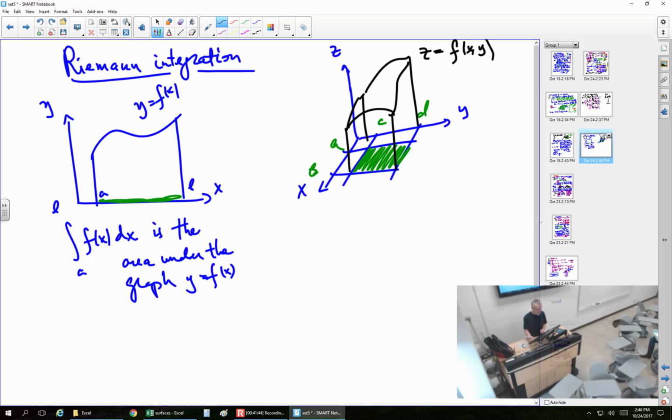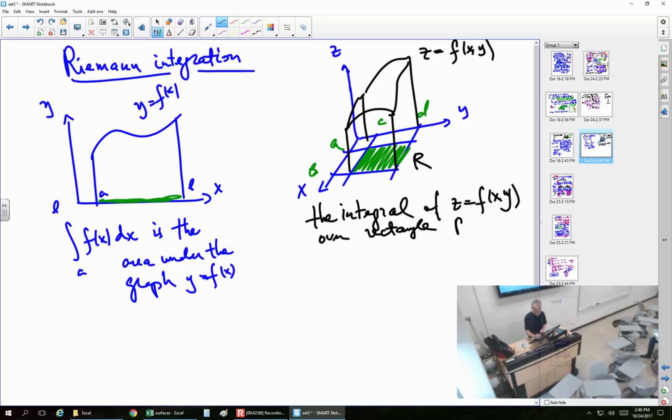Okay, and then you can guess what the integral is. The notation is tricky, so let me just use words for now. The integral of z equals f of x, y over the rectangle R. So this is the rectangle. Well, you can guess what it is.